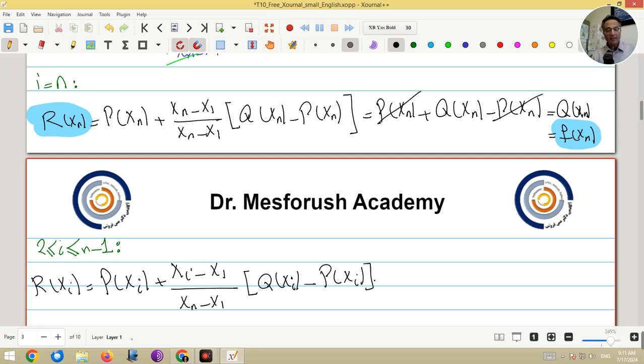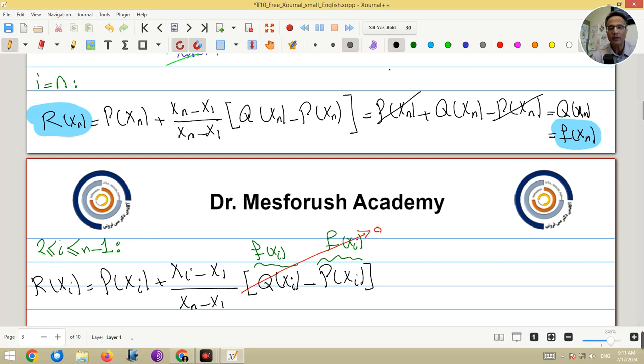But by assumption we know that q at xi equals f at xi for i between 2 and n minus 1, and also p at xi is f at xi for i between 2 and n minus 1. So totally this term vanishes.